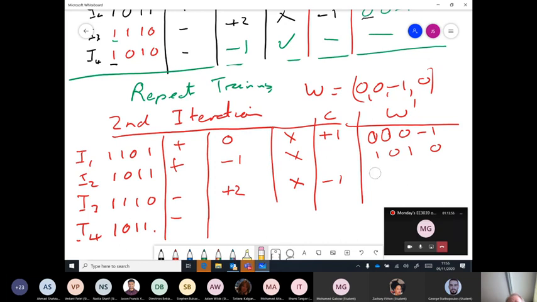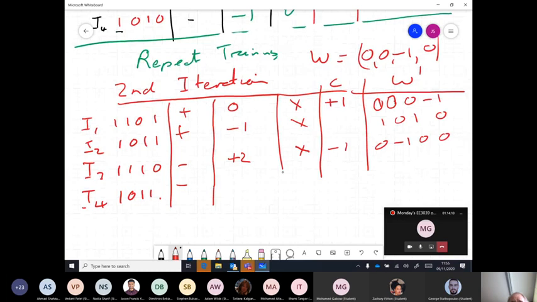It is going to be 0, minus 1, minus 1, 0, 0.